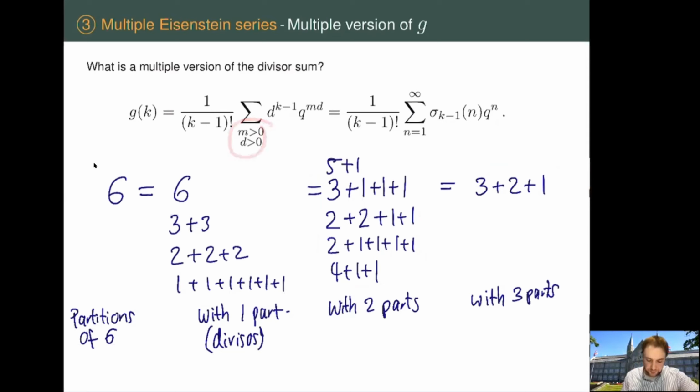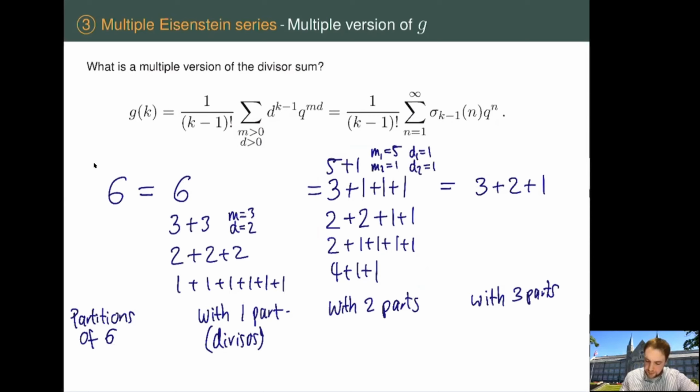And here, what is the M and the D? The M could be, for example, the 6, and the D in this case is 1. And here, for example, the M could be 3 and the D is 2. So what we will have here are two different M's. For example, here M1 is 5 and M2 is 1, and the D's are 1 and 1.